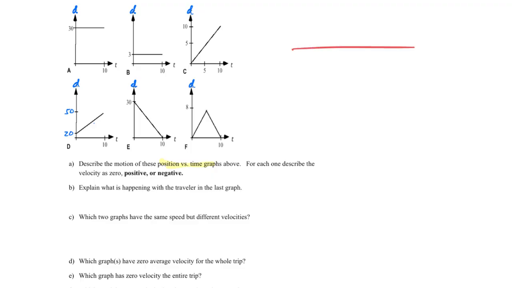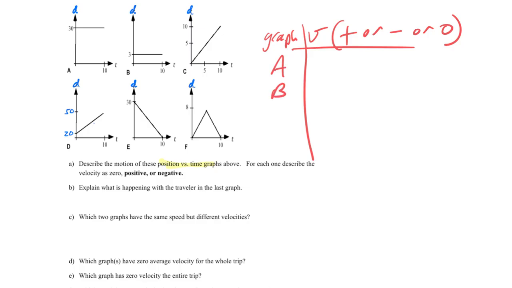So maybe make a little chart, the V, for the different graphs. Okay, so graph A, B, C, D, E, F. Okay.